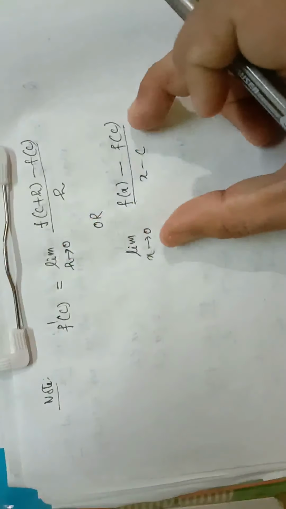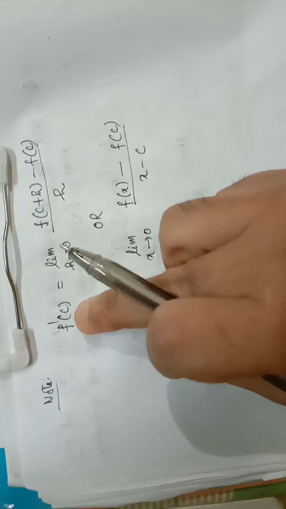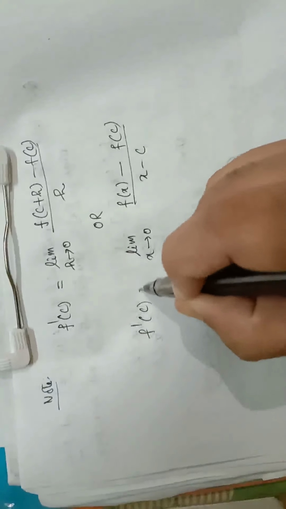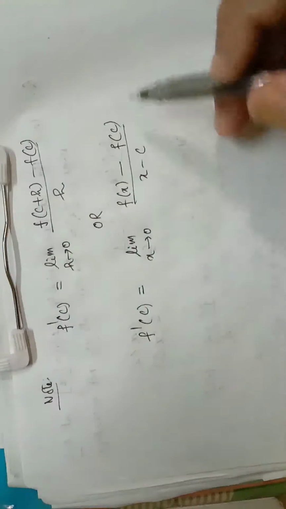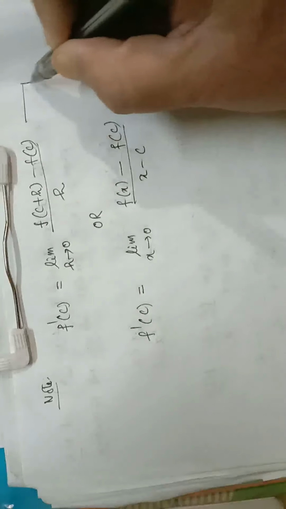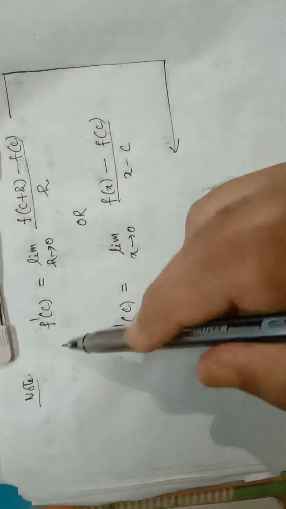These two are the same definition. This also represents the derivative of a function at x equal to c, f dash c. I just want to show this here.